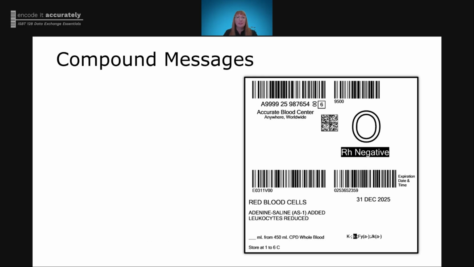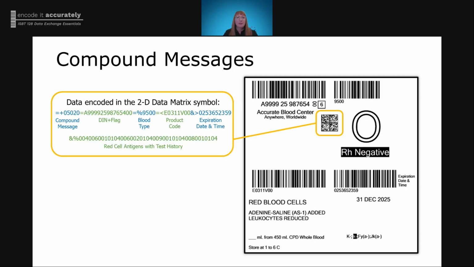Okay, so we're going to dive a little deeper into the compound messages. Okay, this string of text is what is encoded in this 2D data matrix. It includes the DIN, the blood type, the product code, the expiration date, and special testing for red cell antigens.